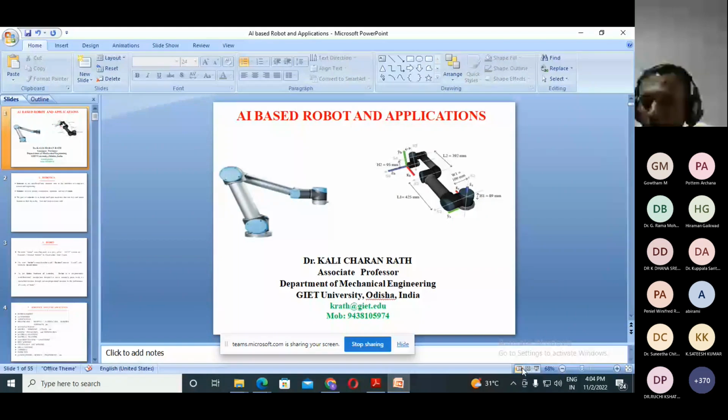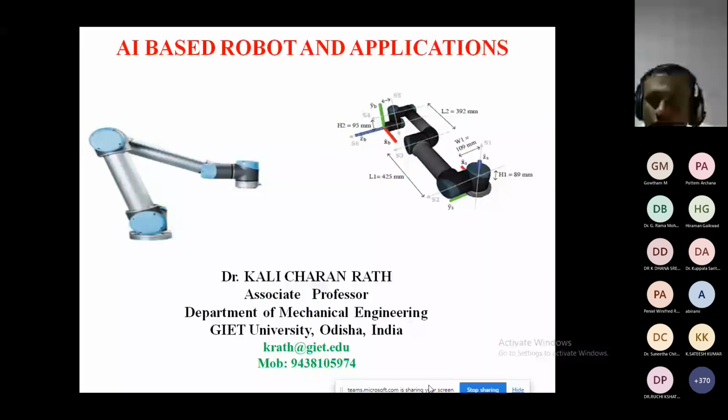So this is the right platform where we can share and gain knowledge, update our knowledge as well as skill, and transfer the technical skill to the students, the new generation, who will be ready to deliver their service to the industry, to the society, and run the nation for the next 20 to 30 years.